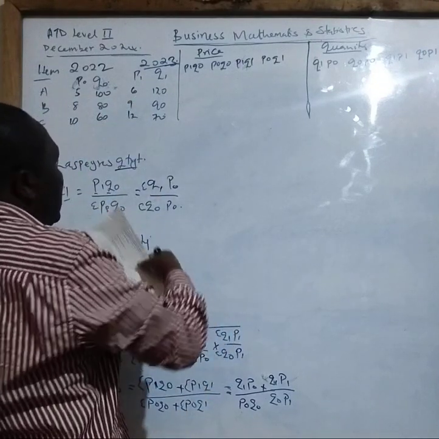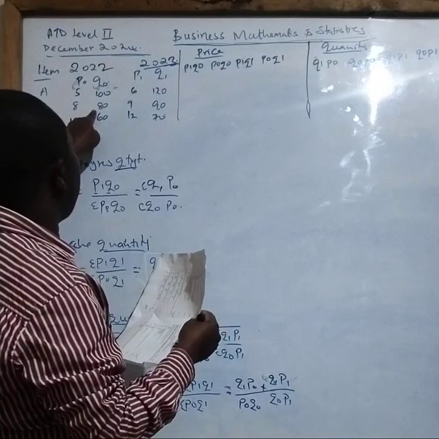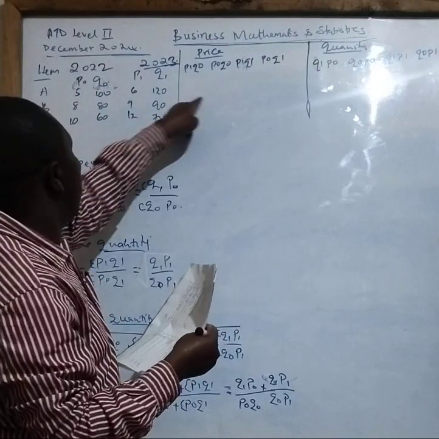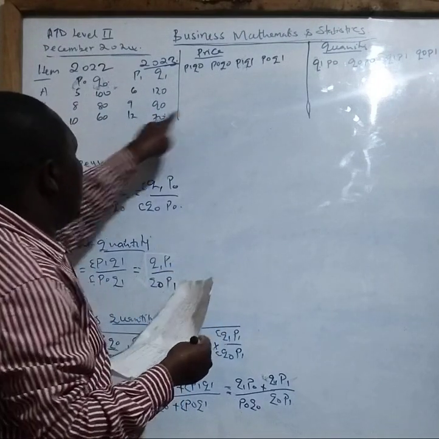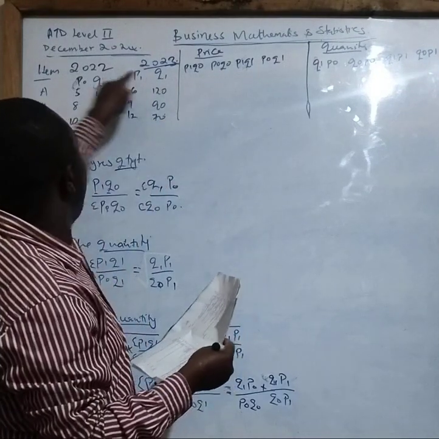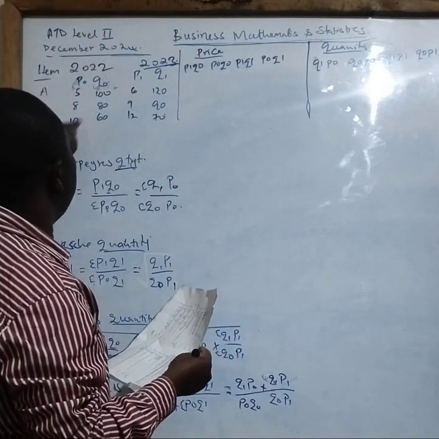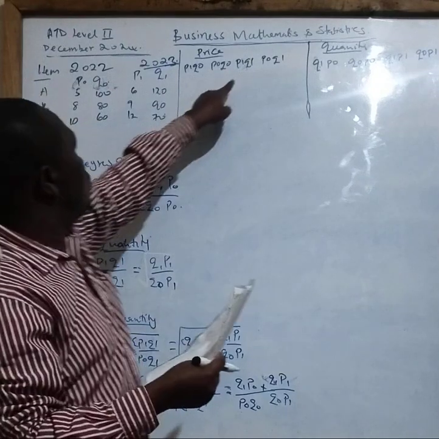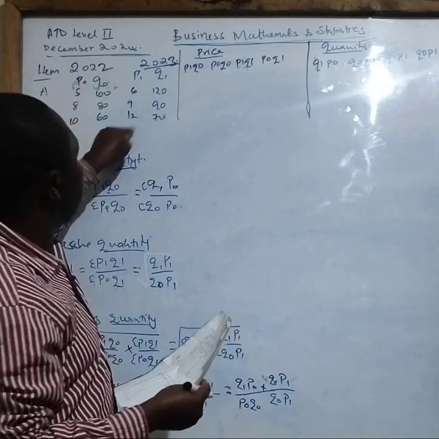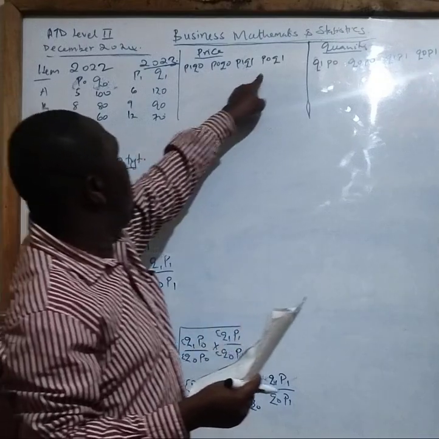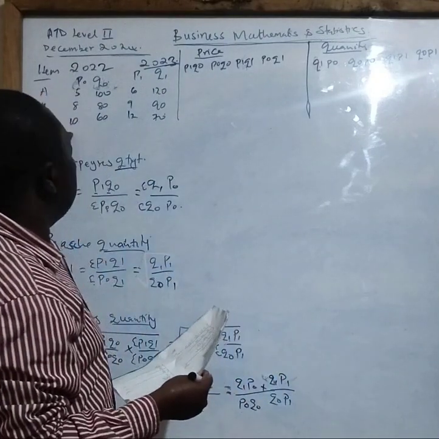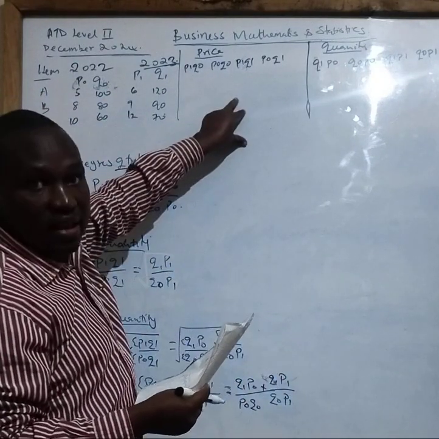You get 600. So then 80 times 9, 6 times 12. When you get to p0q0, it will be p0, which is this, times q0. When you go to p1q0, it will be p1 times q0. Then p0q1 is now p0 times q1. You get this data here.